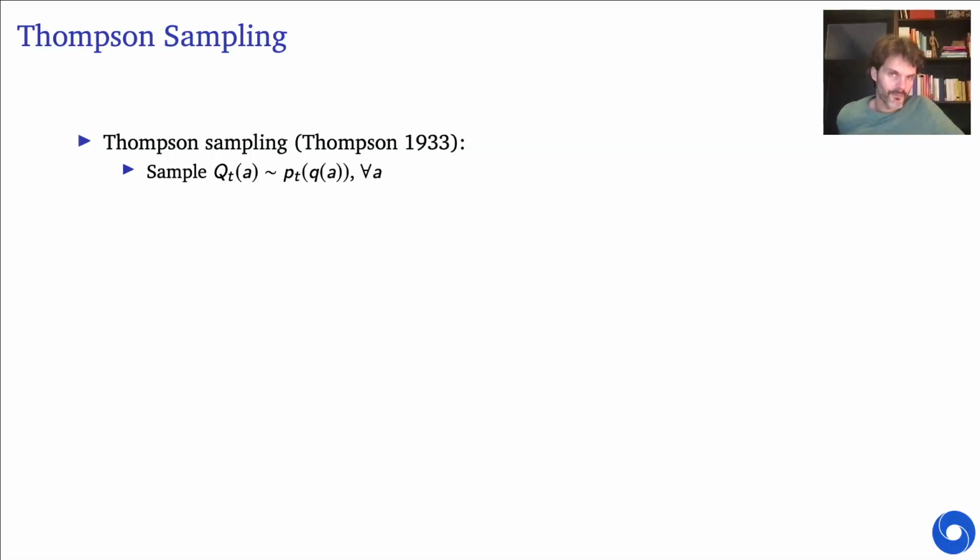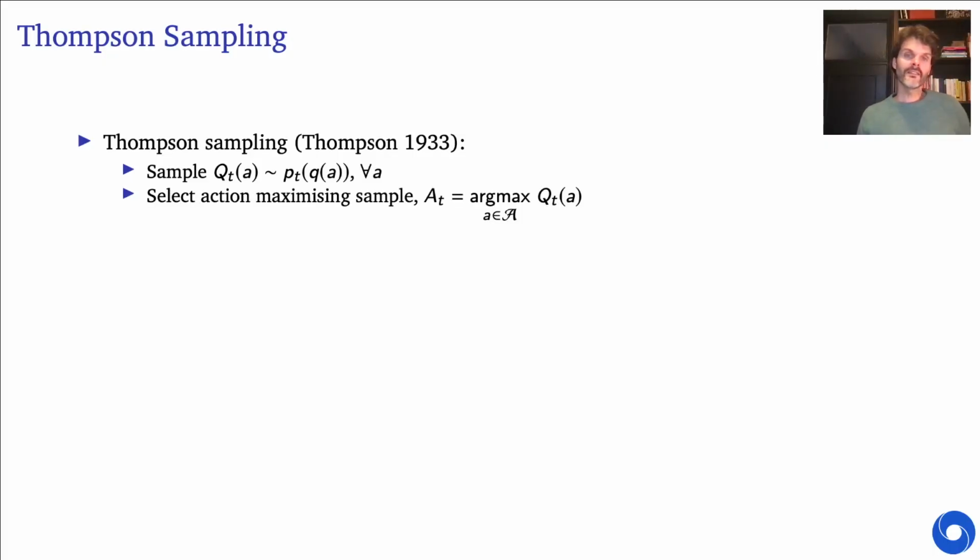So please carefully think about what this means. You have your belief distribution at time step t about where you believe the mean value for that action to be. And then we're going to sample the distribution, which gives us an action value. And we're going to do that for each of these actions. Then we're simply going to pick the greedy action according to the sampled action values.